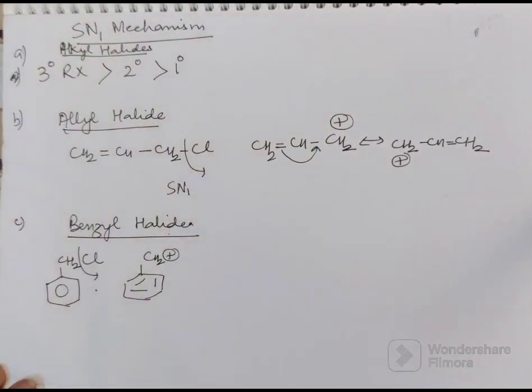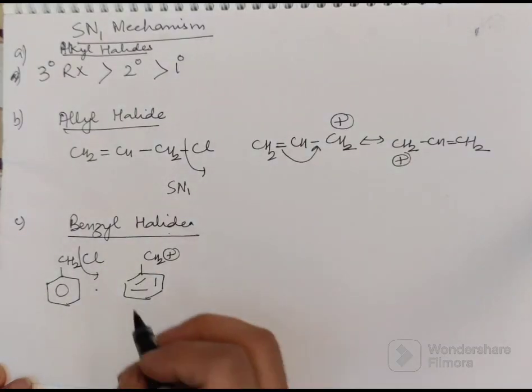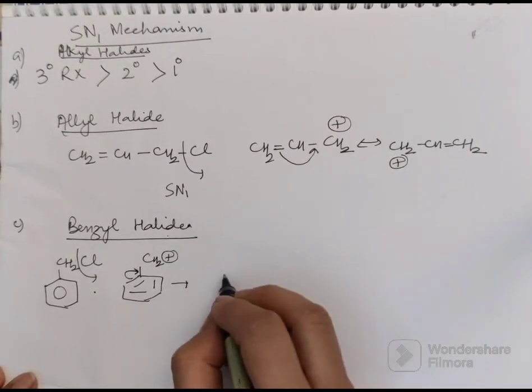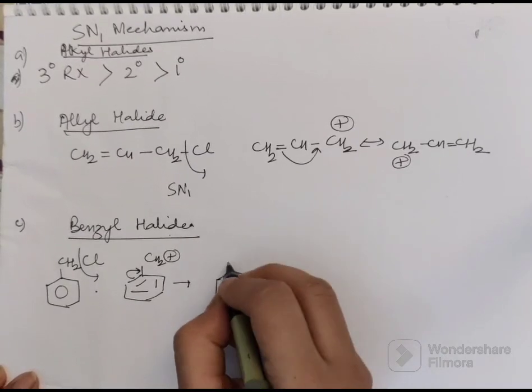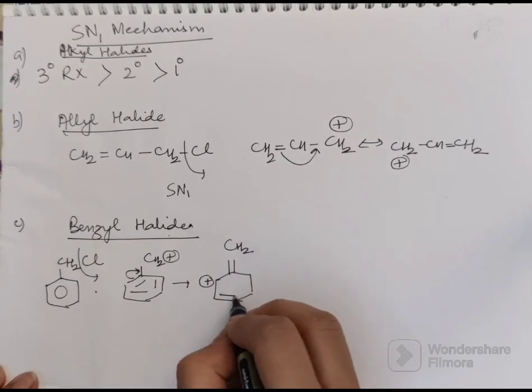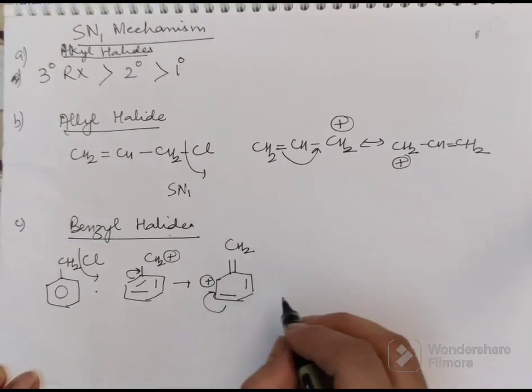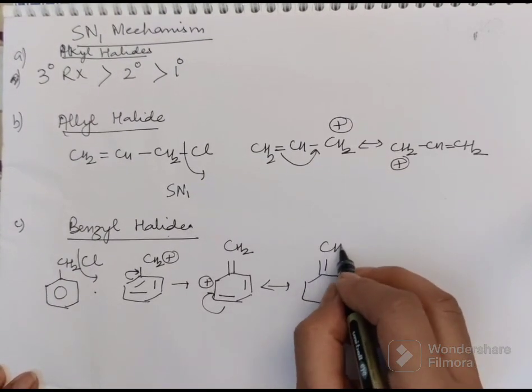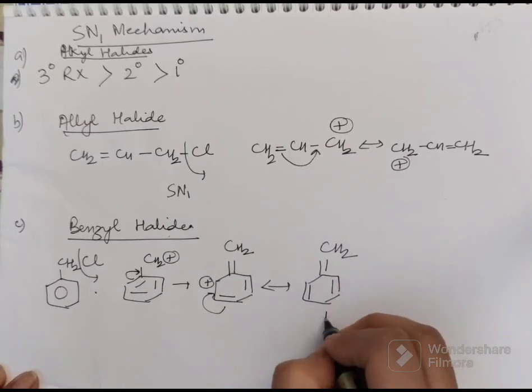Now this carbocation is also resonance stabilized. How? This goes here and we get a double bond to CH2, this becomes positively charged, and then further, we can draw another resonating structure. This is CH2 here and positive.